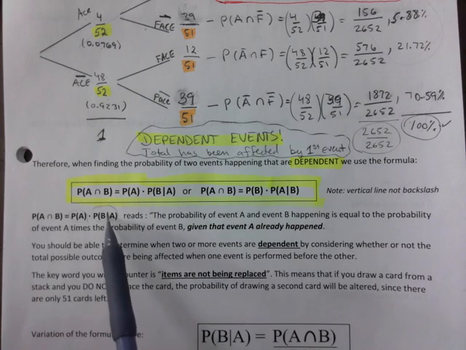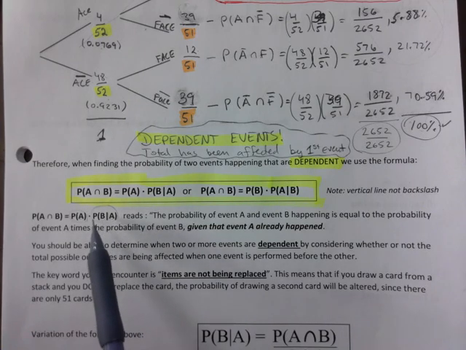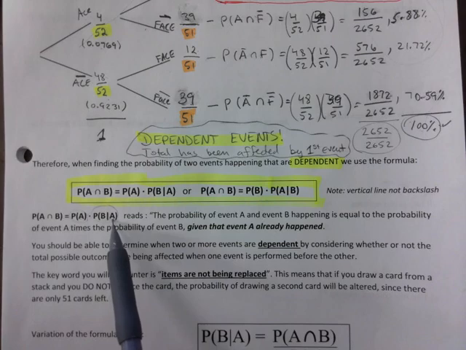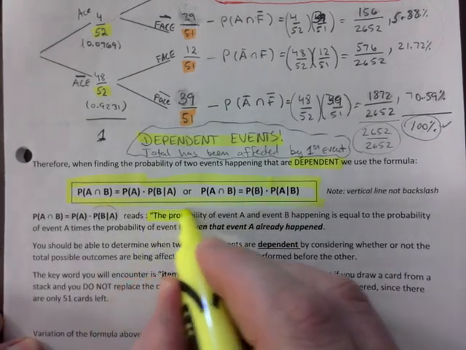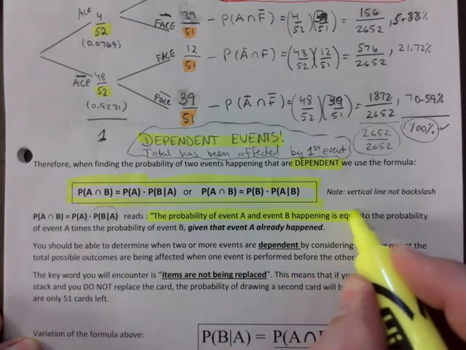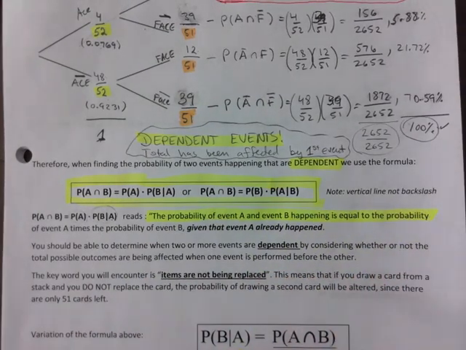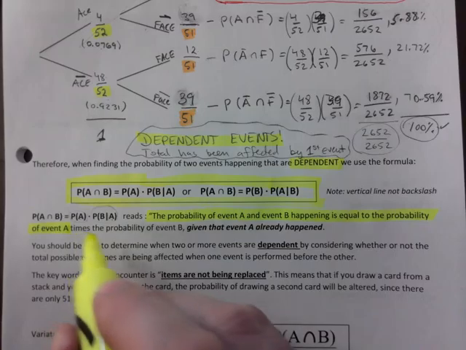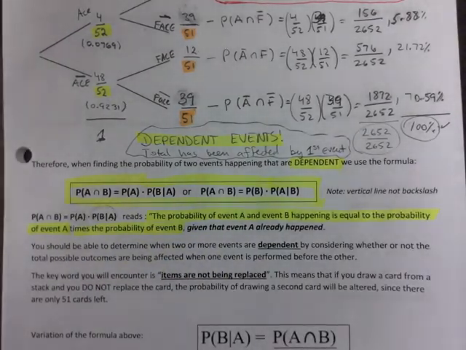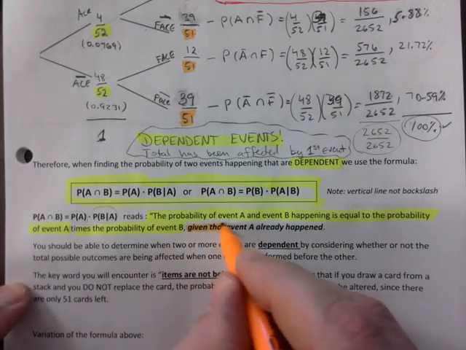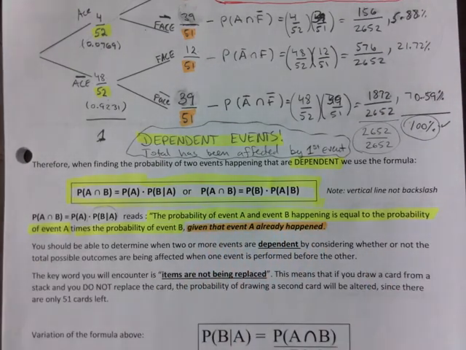So this bar is saying, find the probability of B given that A already happened. Find the probability of A and B happening is equal to probability of event A times the probability of event B, and here's where I'm going to use orange, given that A already happened.